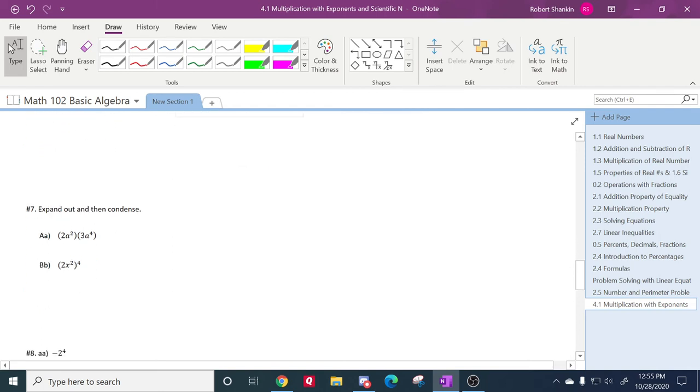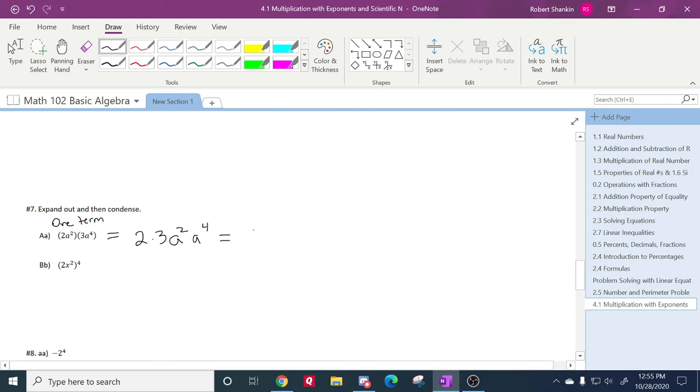Okay, so we got a couple problems real quick. Let's work these out. So if I'm going to expand this out and then condense, notice it's all one term. There's no addition, subtraction, or equal signs. So I can just regroup them. I can put the 2 and the 3 out front. I can put the a squared and the a to the 4th in the back.